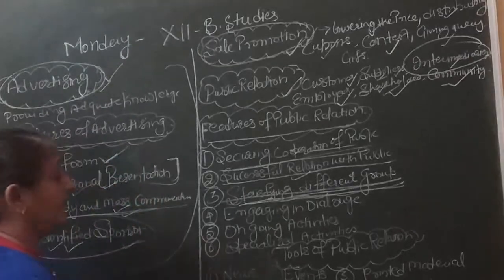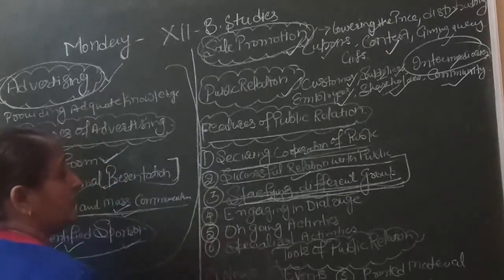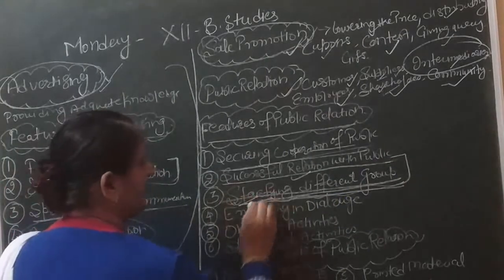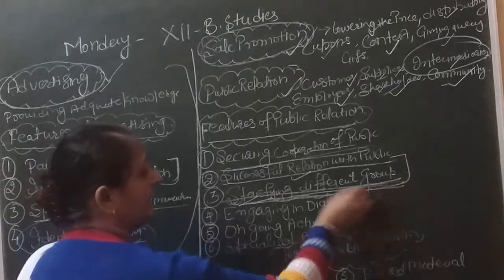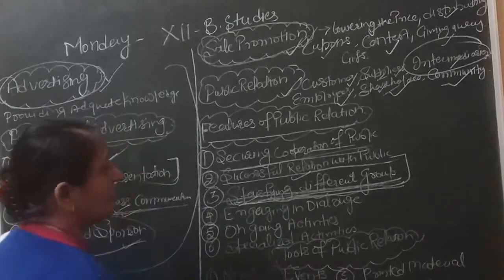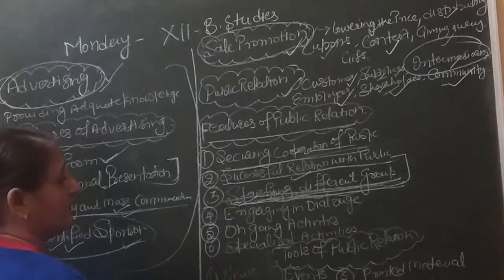So it is very mandatory, or it is very compulsory to make the satisfaction of the different groups, and with the help of public relation we can discuss with them directly, and we can know the point of view of the shareholder, customer or the supplier, and a good image is created with the help of public relation.